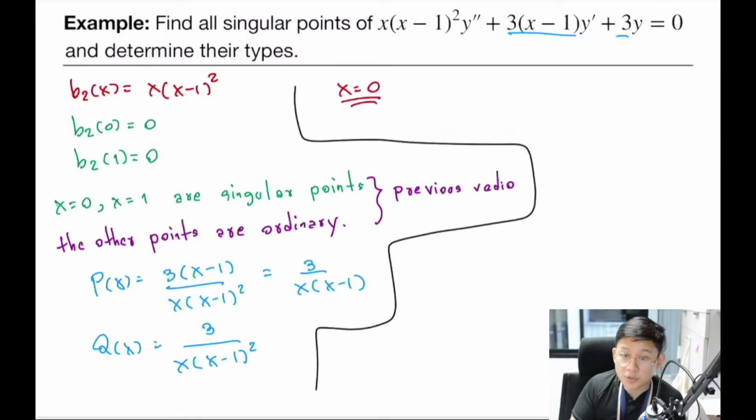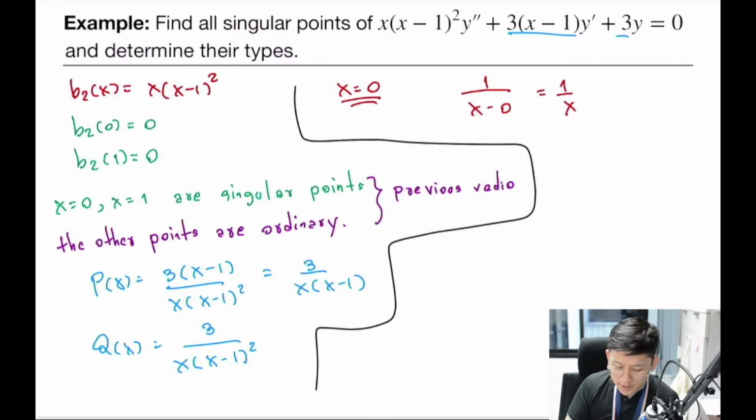Right now we know that x equals 0 is a singular point, right? So we want to say 1 over (x minus 0), which is 1 over x. And you can see here, you have 1 over x as a factor.